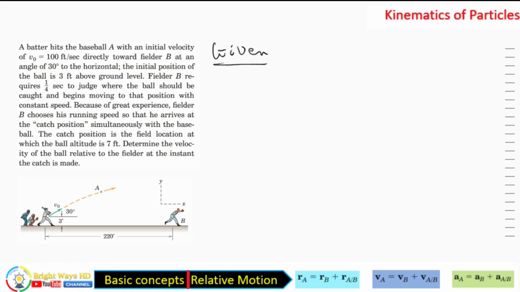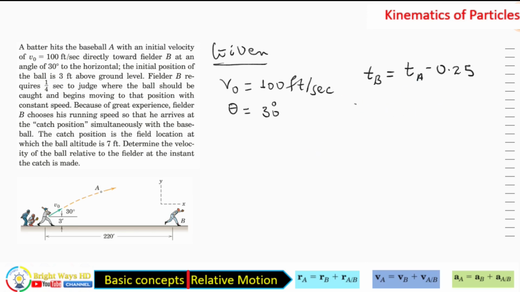Now let's start from the given part. The ball has an initial velocity v0 equal to 100 feet per second at an inclination theta of 30 degrees. And the time of B, that means for the fielder, will be the time for the ball A minus 0.5, because he starts after the ball has been launched for 0.5 second.